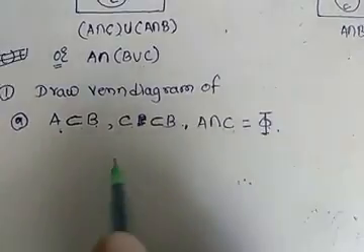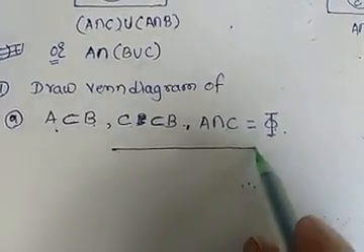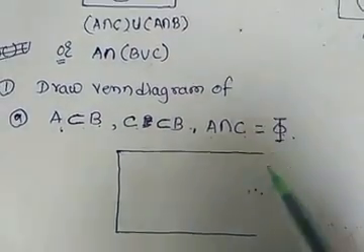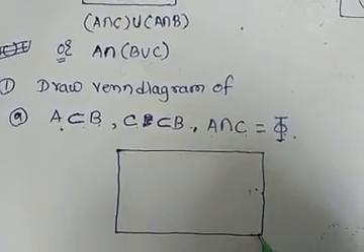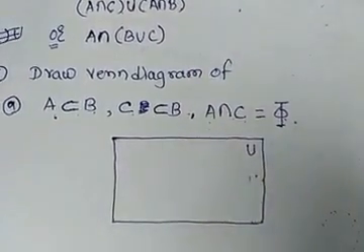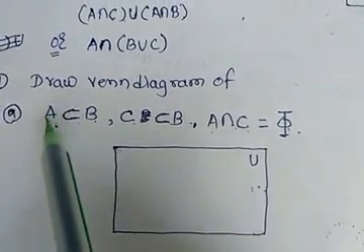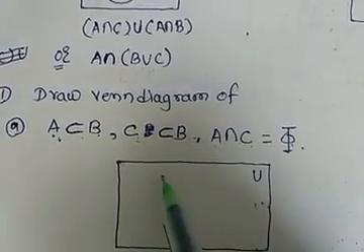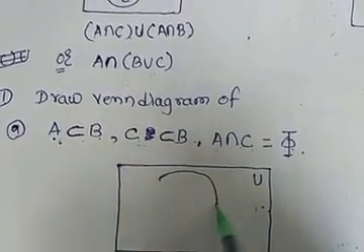First we draw a universal set U. In that, A is contained in B and C is contained in B, so B will be our largest set.